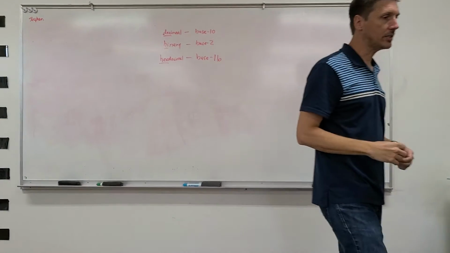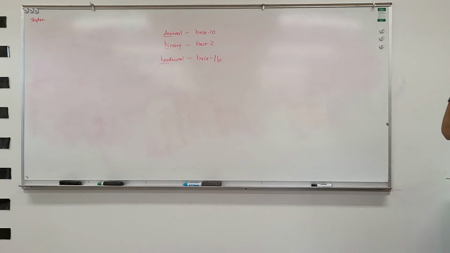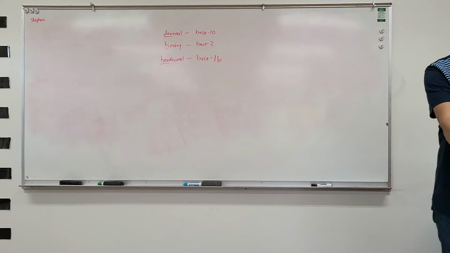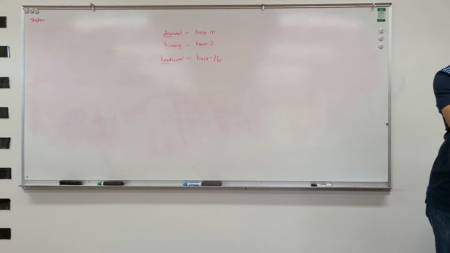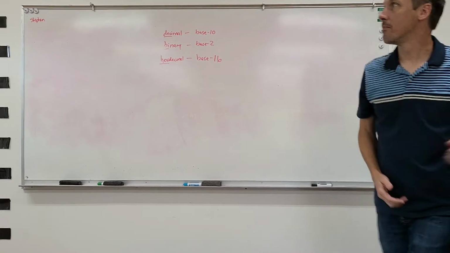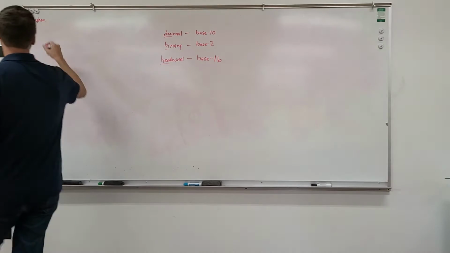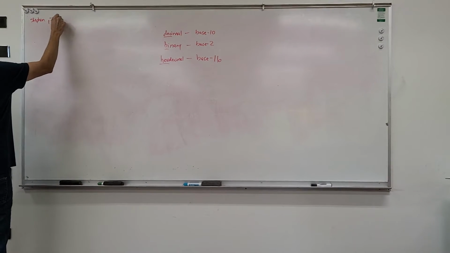So let's talk about the base 16 number system. Since it's 16, it has to have 16 digits in it. Well, we've got a problem since we live in a decimal world, right? What's our problem? We only have 10 numbers to work with. So we're not going to be able to just use the 10 numbers.